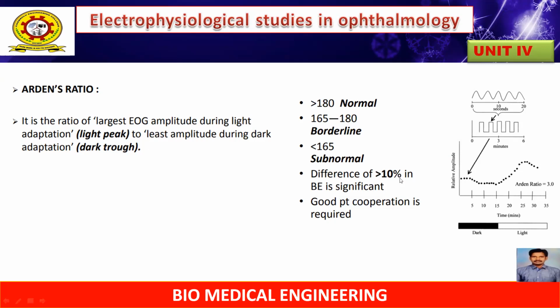So regarding the patient, from this Arden ratio, the doctor is able to conclude that if the patient has good readings on this Arden ratio, there is very good cooperation for our EOG test. Take a snapshot.